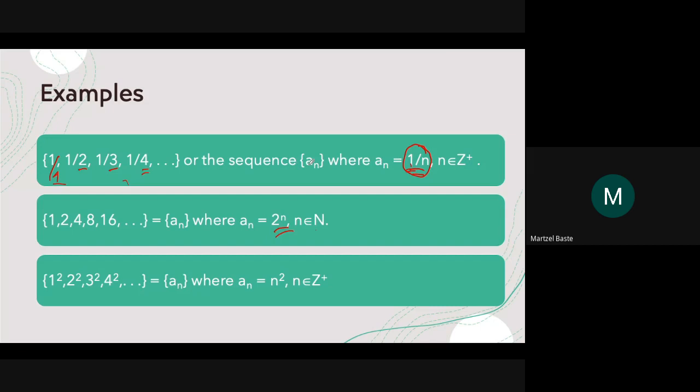Because the n there, it starts with what? Anong number ito dito? This is 0. This is 1. This is 2.